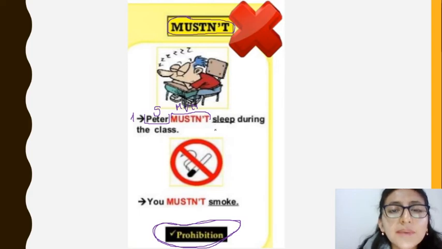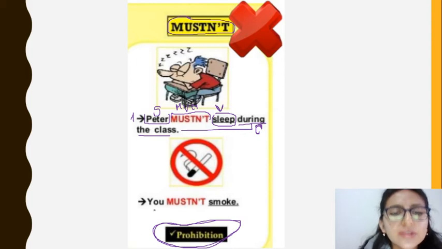What is the verb in the base form? Verbo en su forma base. Very good. Sleep. This is the verb. And what is the complement? Okay, very good. During the class. This is the complement. Okay?